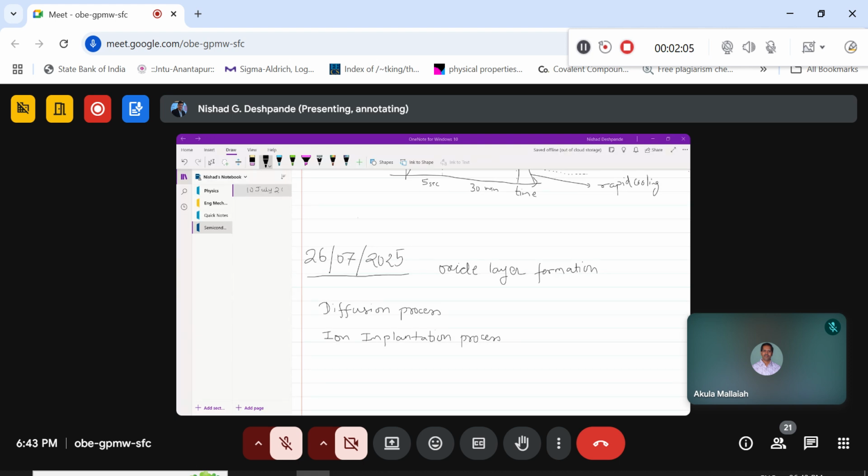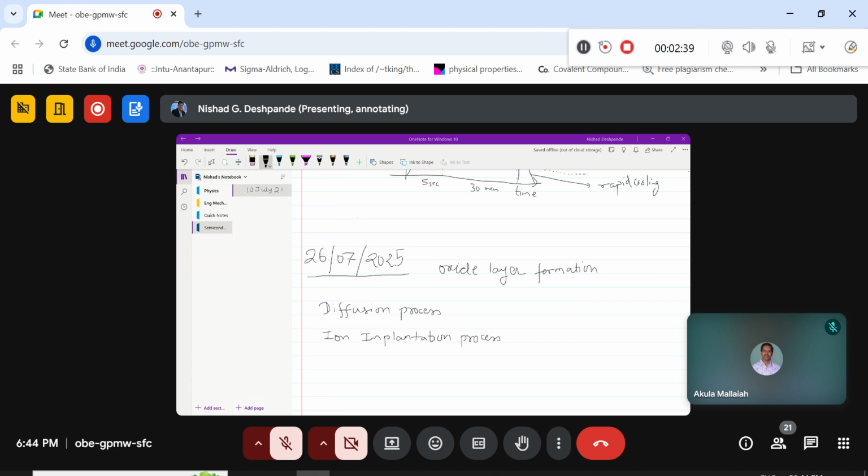This particular growth kinetics was discussed by the Deal-Grove model. We also tried to understand the linear and parabolic behaviors discussed by the Deal-Grove model. So one can say that the wet oxidation process is quite faster compared to the dry oxidation process. There is also an intermediate oxidation process which is called radical oxidation, and we have also discussed that.